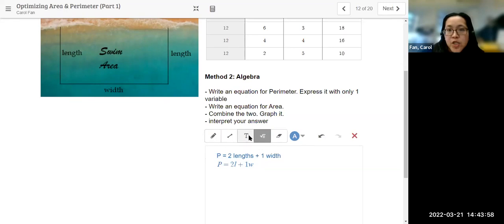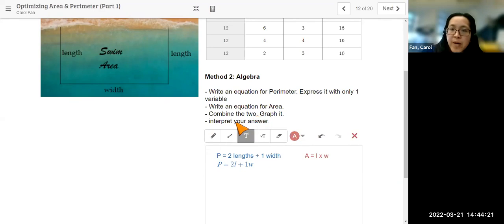Now, if I were to talk about the area, area is still length times width. But because I've got 2 variables, I do need to combine it into one equation.